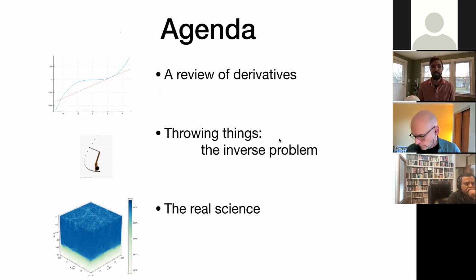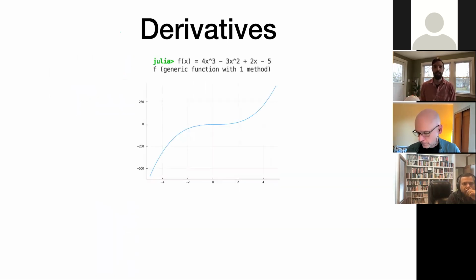So let's kick this session off with derivatives, right? In your high school or college calculus classroom, you probably took the derivative of an expression like this. We can define a simple polynomial in Julia as a one-liner: 4x cubed minus 3x squared plus 2x minus 5.